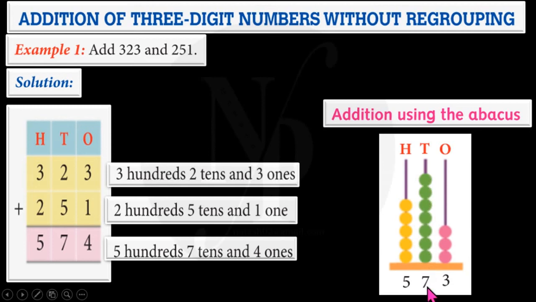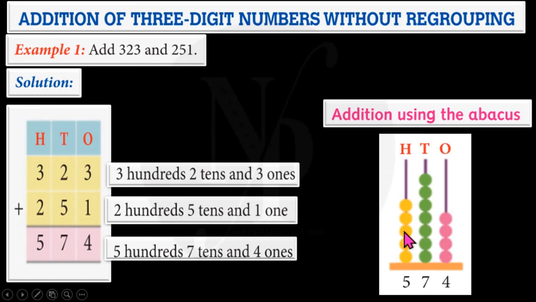There are 7 beads. On the ones rod there are 3 beads, and we should add 1 more bead because we have 1 in the ones place in the number 251. So we have to add 1 bead to the ones rod. So when we do that, there will be 4 beads on the ones rod.